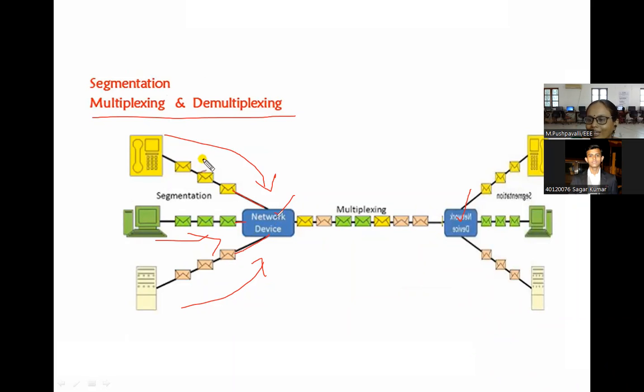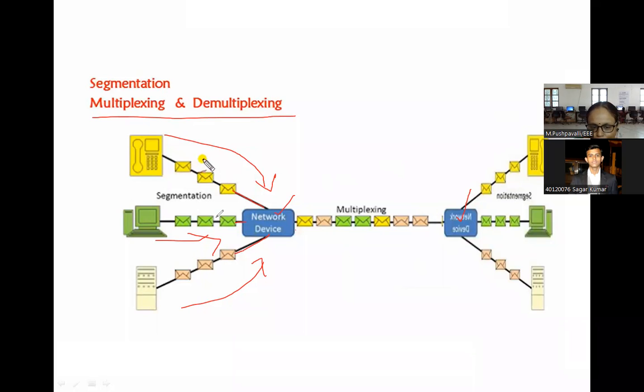We all know the network devices, such as hubs, repeaters, bridges, routers, whatever may be, and the data is multiplexed. Once it is multiplexed, how can I differentiate the data which is sent through the telephonic network, the computer, and the receiver? Each and every packet, have you seen that?